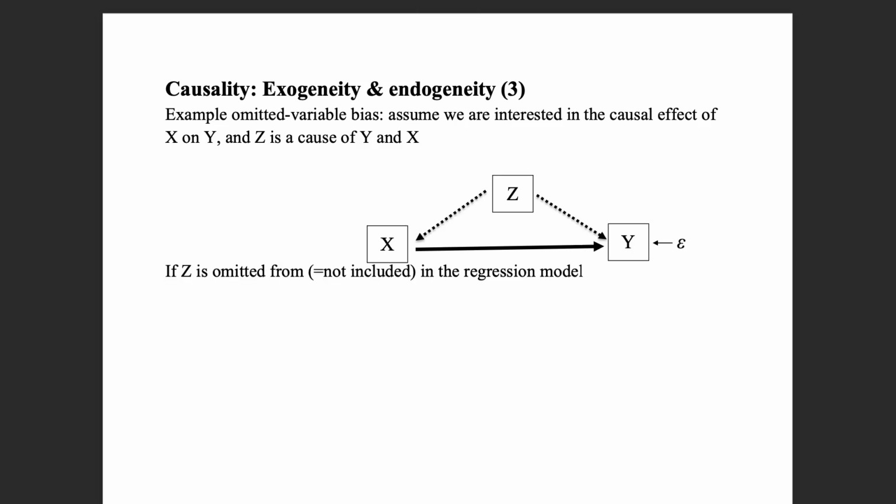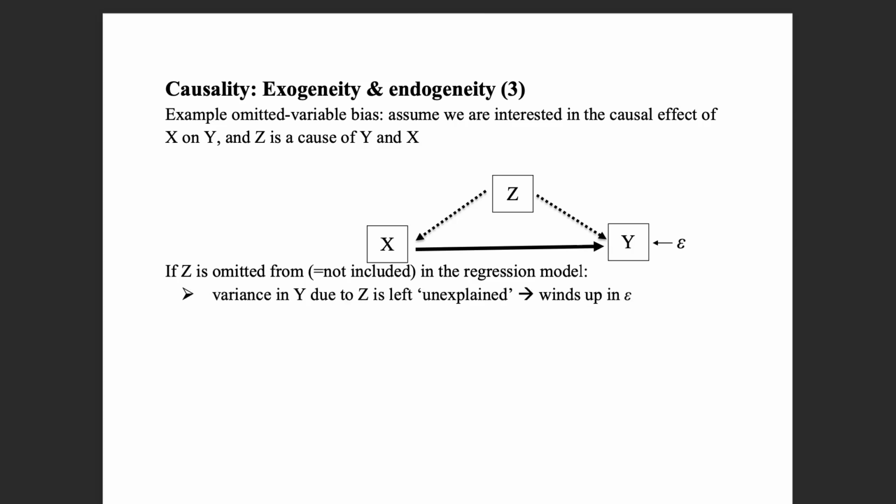So what would happen if we would omit z from our regression model? So not include this z variable in our regression model, so we are not controlling or adjusting for differences in z. Let's consider exactly what would happen if that would be the case.